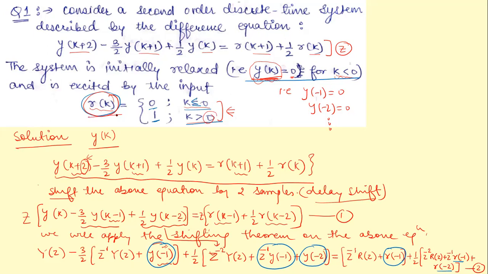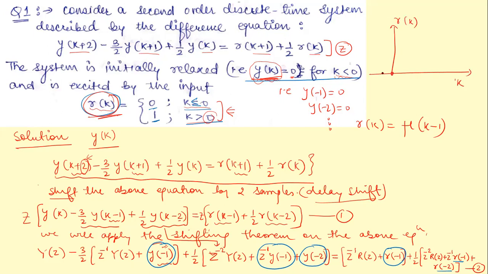So that means this particular sample rk is nothing but a unit step which is delayed by one sample, right? So if we draw this rk, its value is 1 but not at 0.